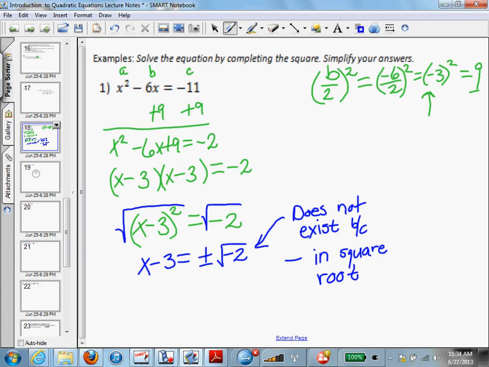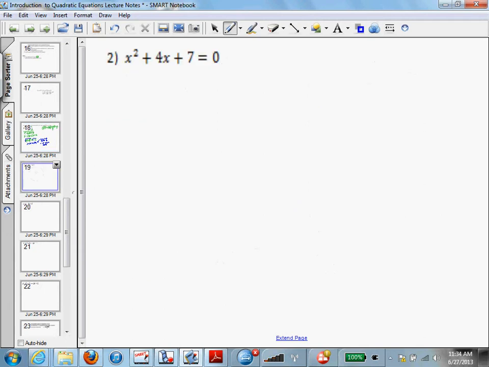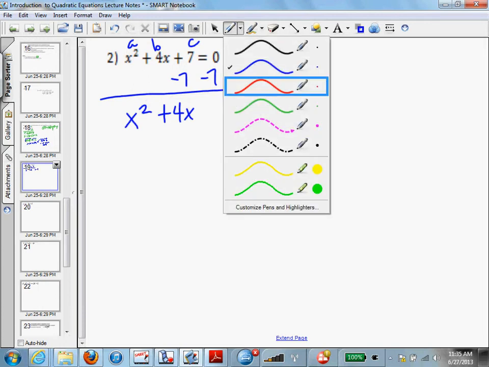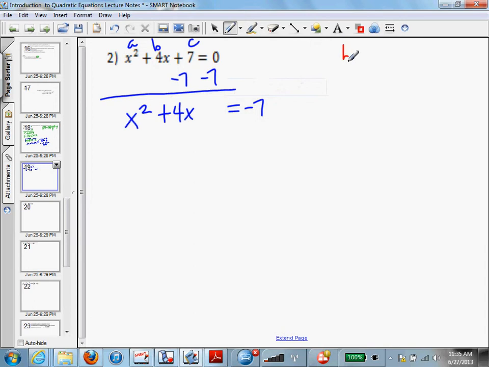If we look at example 2, we actually want to get A and B alone. So to do that, we have to subtract C on both sides of the problem, leaving us with x squared plus 4x equals a minus 7. Okay, so now we have to go through our process of b divided by 2 squared.